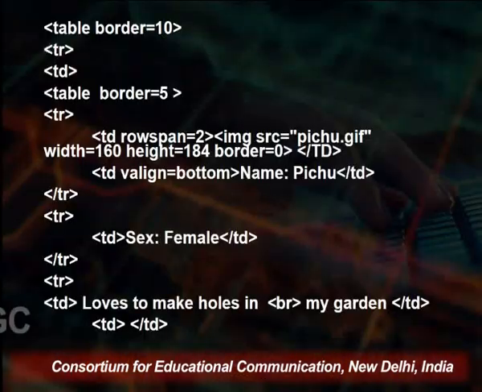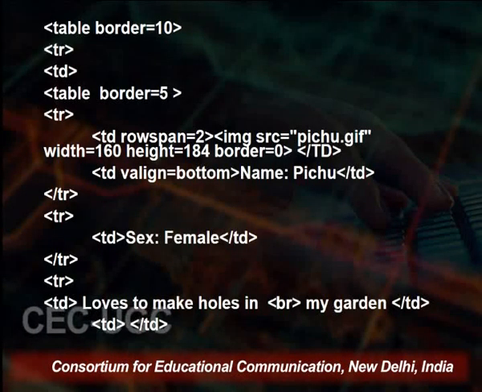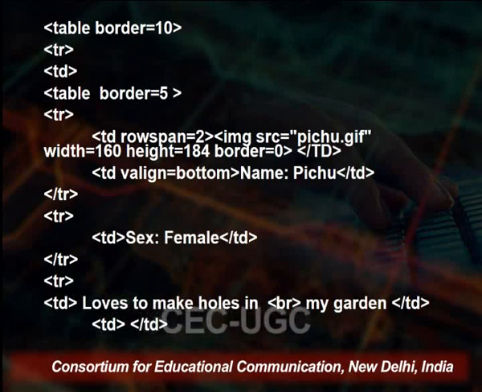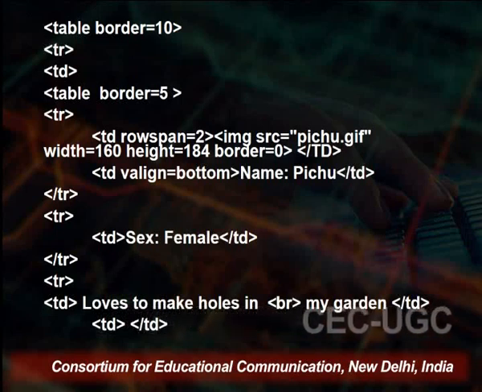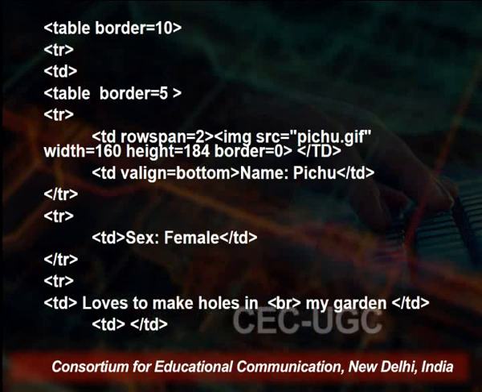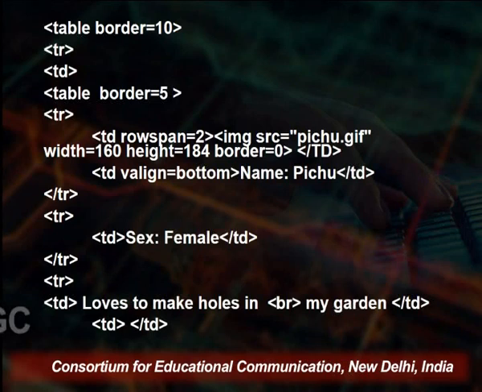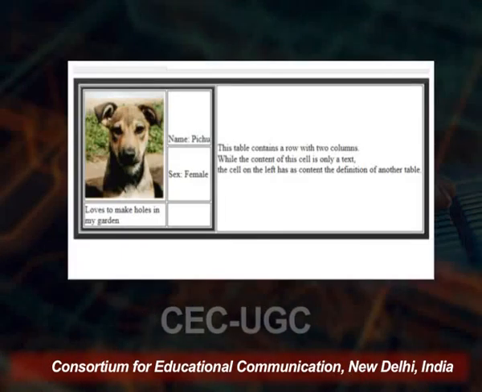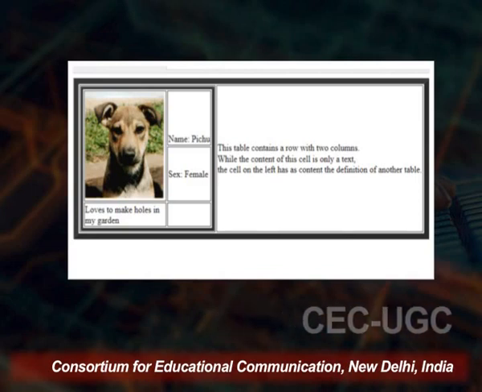So, if we look at it now, we can see the table that we just created. You have one table, and in that table you have another table where you are defining the details about the thing, and you are also specifying an image. In the first TD, we are writing rowspan is equal to 2, because as you can see here, the cell which has the image is spanning 2 rows.